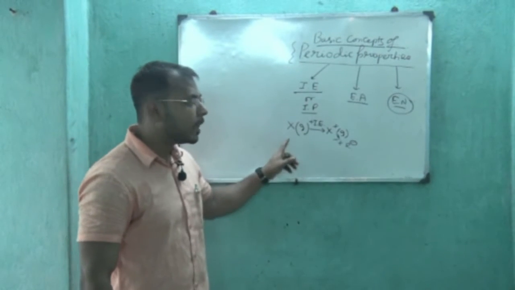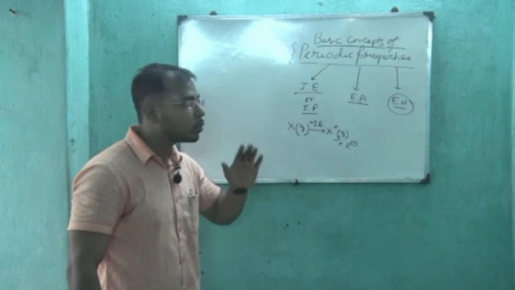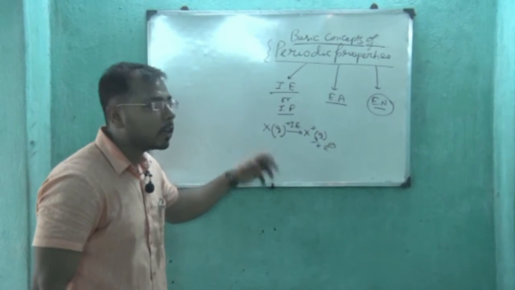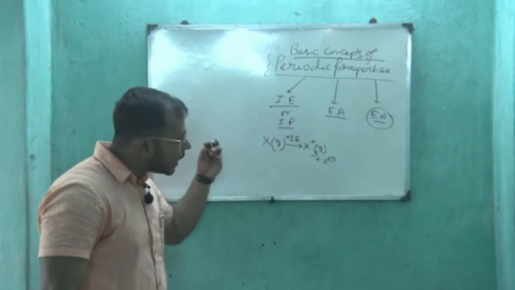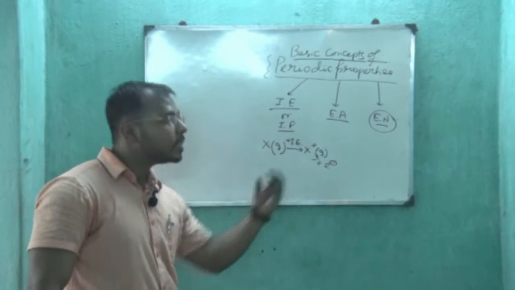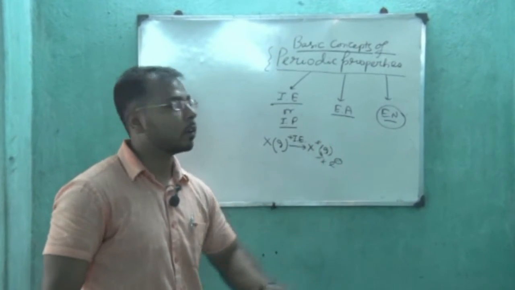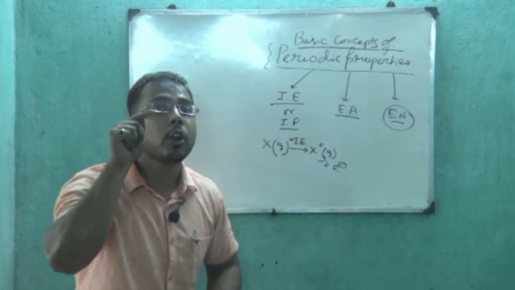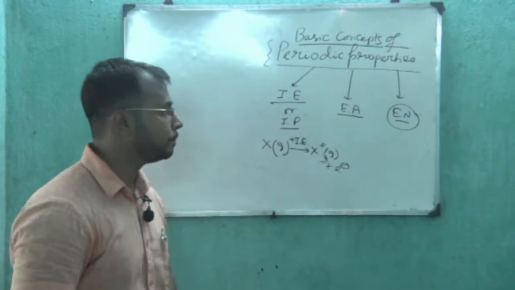If any element does not have a tendency to remove an electron, that means more ionization energy is required. And if any element easily has the ability to remove an electron, that means low energy is required, so it will have low ionization energy.